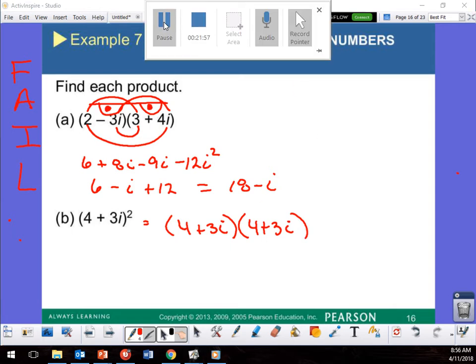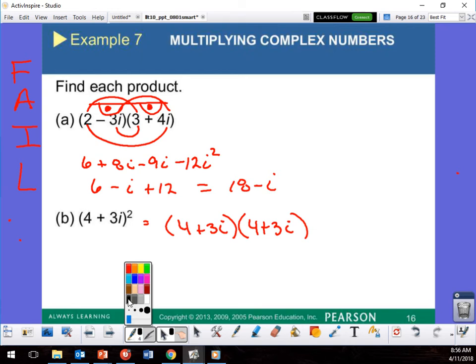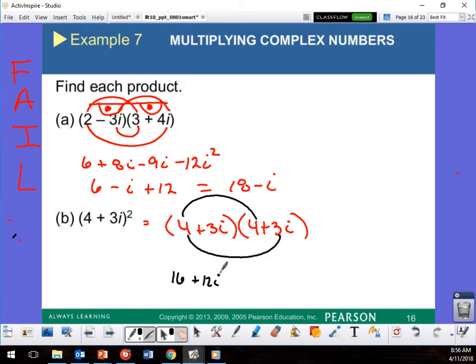All right, so I'm going to go over this one. Hopefully everyone's got the same answer here. Let's start off with my first. It's going to be 16, plus 12i, plus 12i, plus 9i squared.